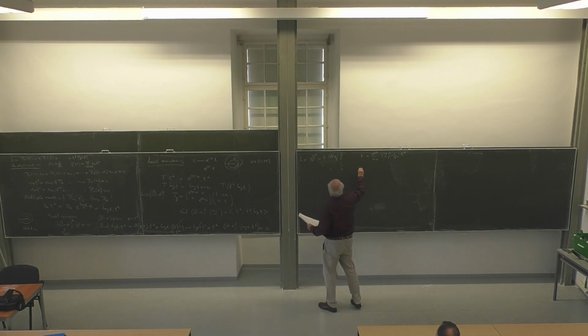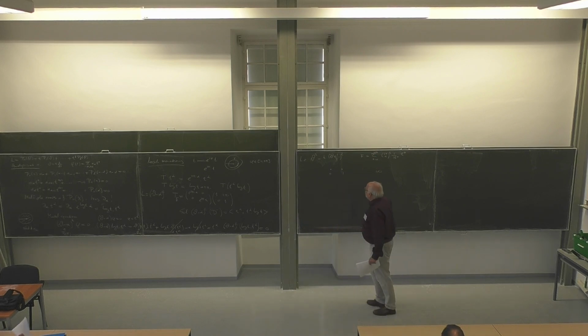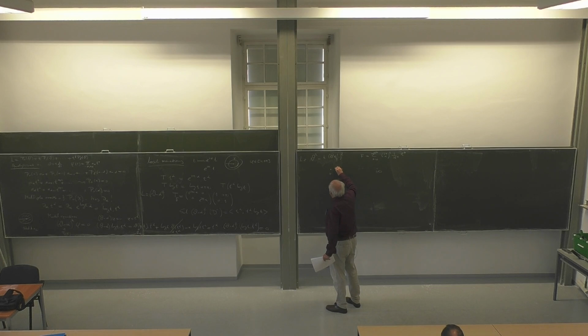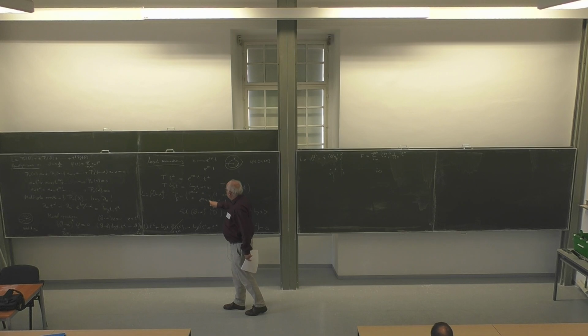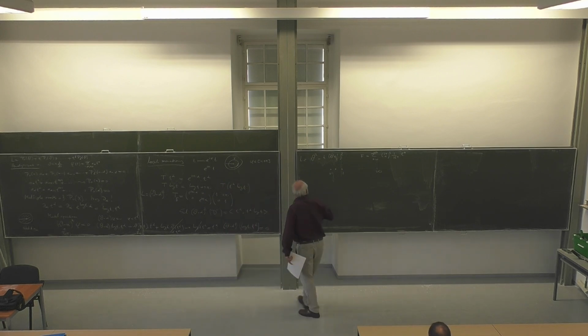There are 3 singularities, 0, 1, and infinity. Now to get the total monodromy, the local monodromy around this point will be a Jordan block. So here you get a repeated root 0. Alpha is 0. So you get just a Jordan block here.